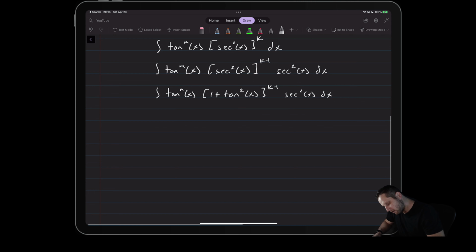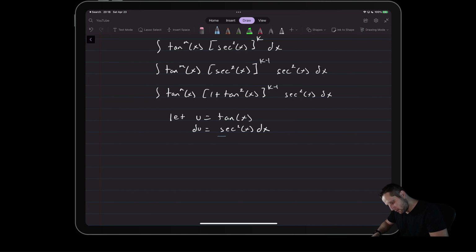Now, we're going to make a u substitution here, and we're going to let u equals tangent of x, then our du is equal to secant squared of x dx, and right away we have secant squared x dx right here.